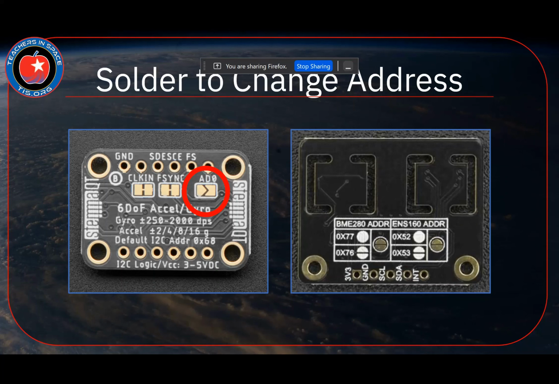Because I don't want it to conflict with something else. If you actually look on the left side, I just noticed this down at the bottom. It says default I2C ADDR, 0x68. So it actually says it right there on that sensor. So that's something you want to take into consideration if you're going to be putting multiple sensors together.